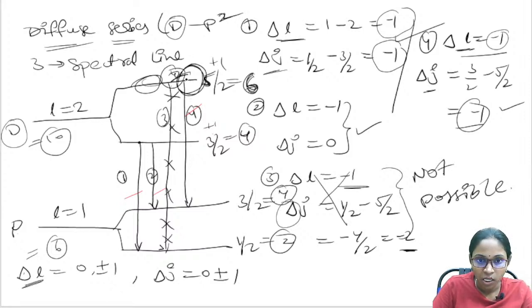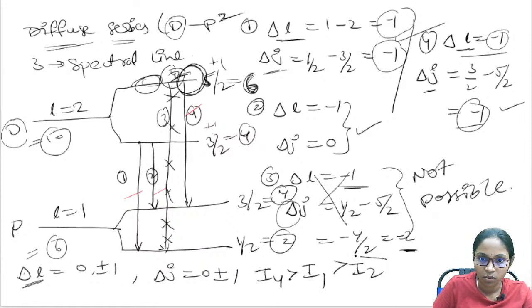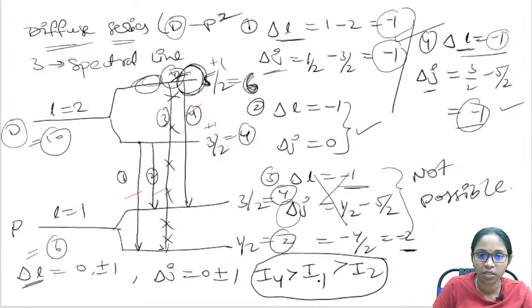That means this fourth line is more intense than the first line, and then the remaining spectral line, I2. This is the way to find the intensity of the spectral lines. So I4 is more intense than I1, and more intense than I2.